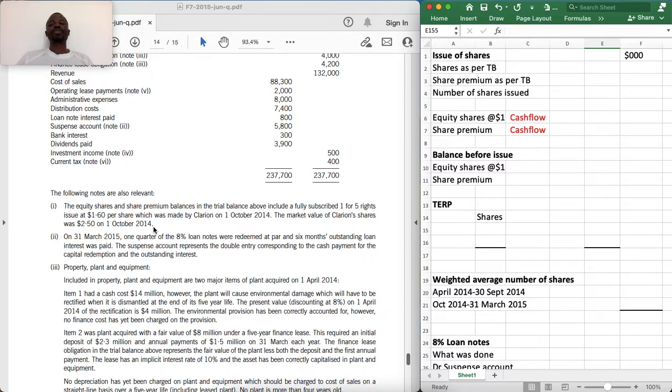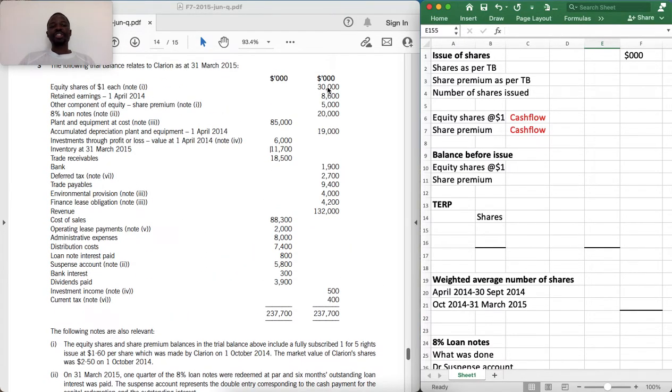The rights issue is the issue of shares below the market price but above the nominal value. So the rights issue is simply a combination of the bonus issue and the full market price issue. Thereby we will see, when we are doing the earnings per share, how to uplift or add the bonus fractions to the shares that were originally there before the rights issue.